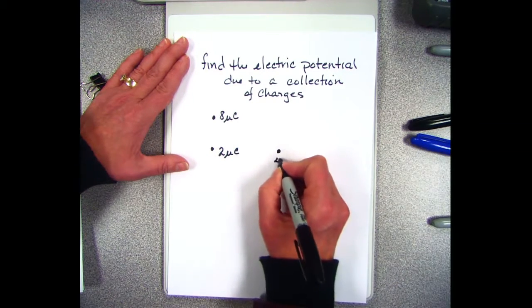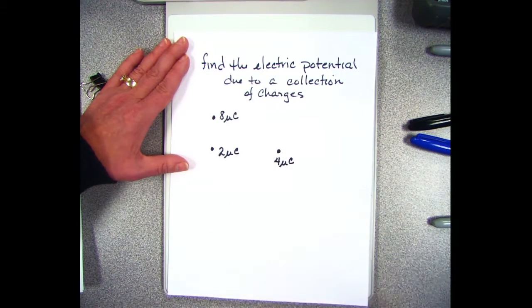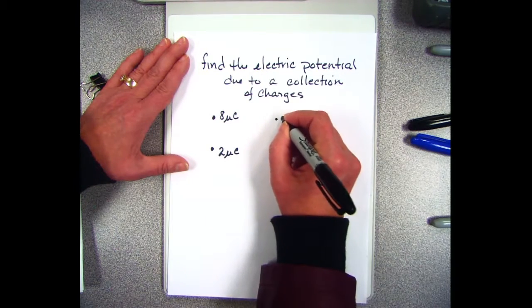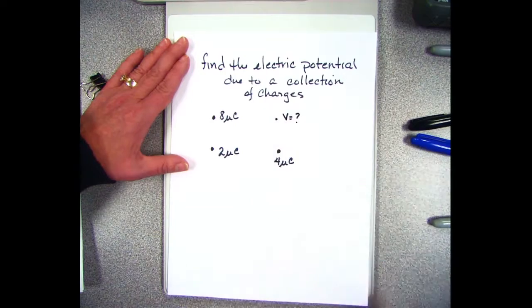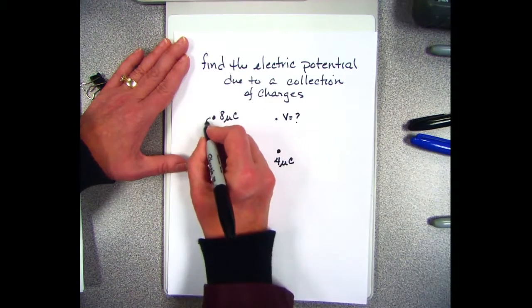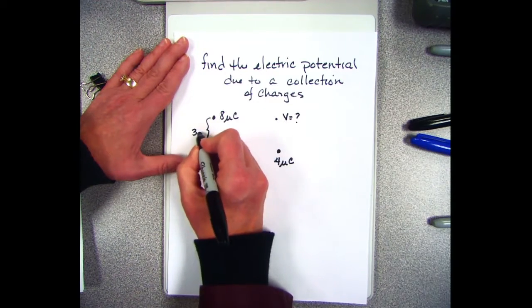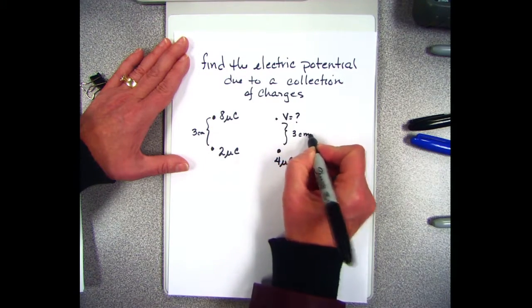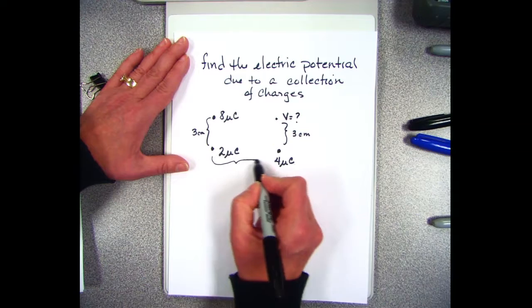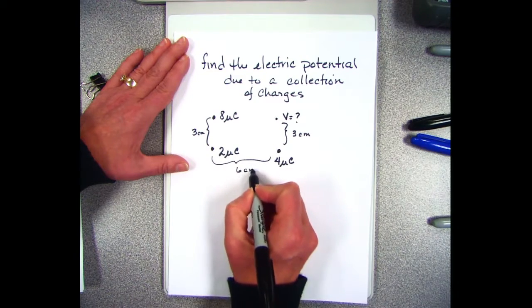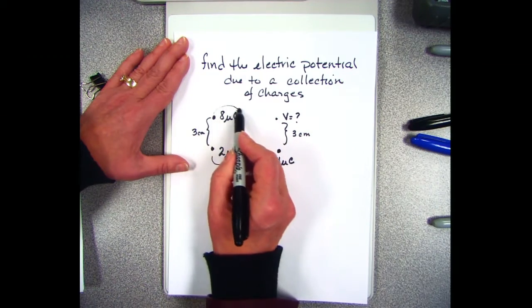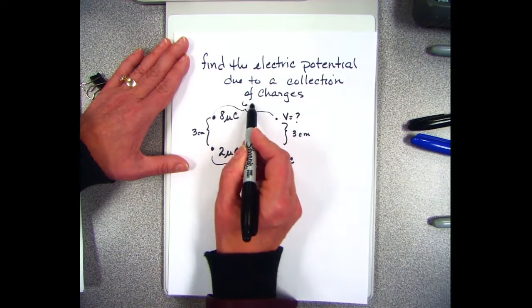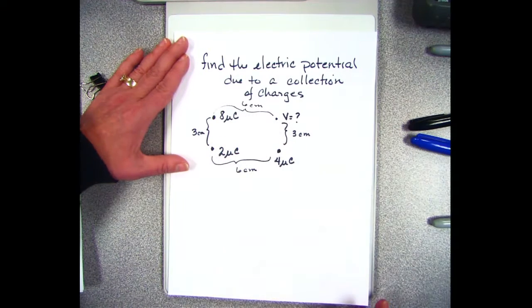We're given that this distance is 3 centimeters. This distance is 3 centimeters. We're given that this distance is 6 centimeters. And this distance is 6 centimeters. And we want to find the electric potential at that spot. So one of the equations I have for electric potential looks like this: V equals kQ over r.